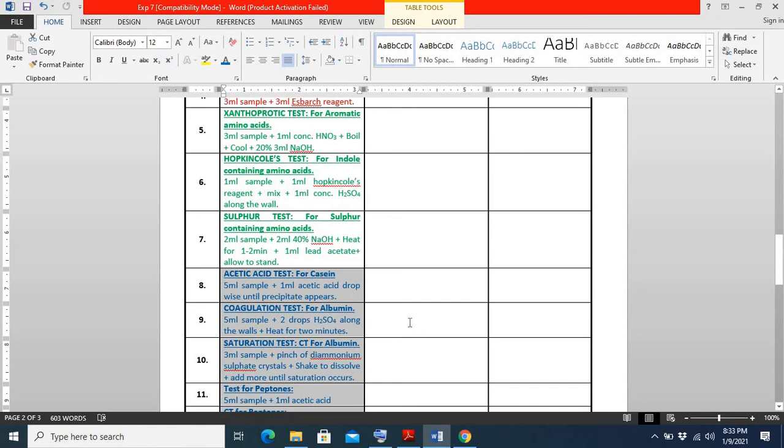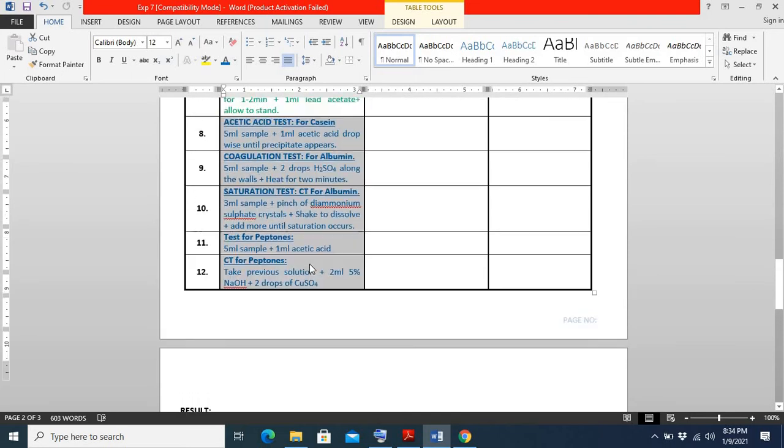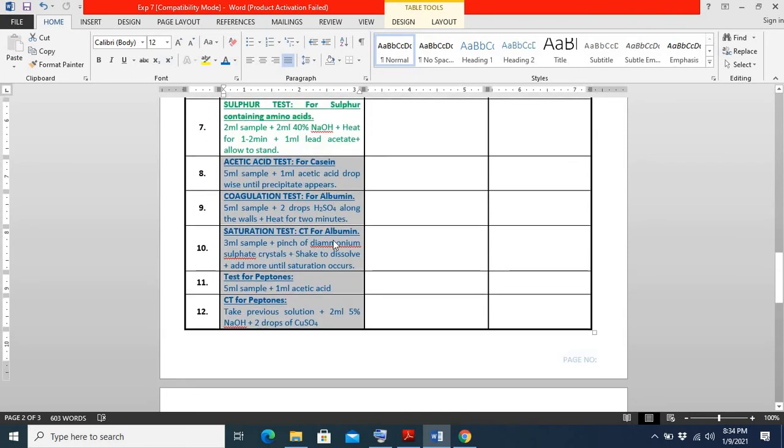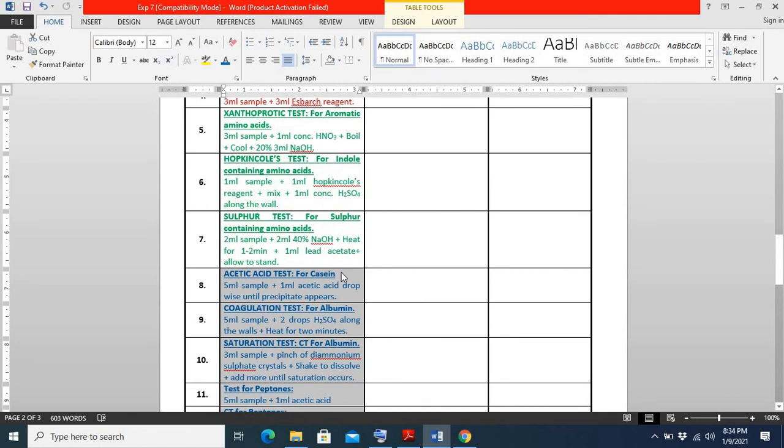If the sample contains an aromatic amino acid, or after performing these three tests we find that our protein contains the indole amino acid, then a specific type of protein, in this case casein, albumin, or peptone, contains this sulfur or indole containing amino acid.